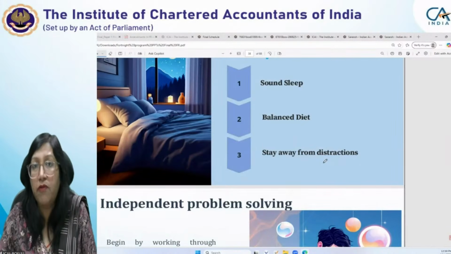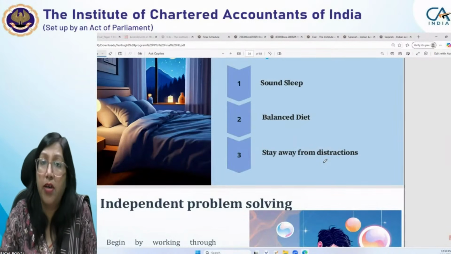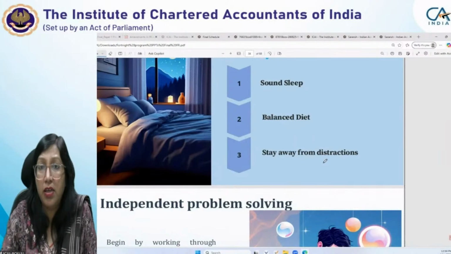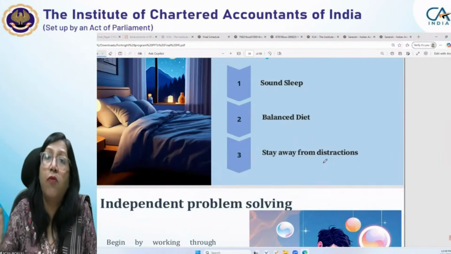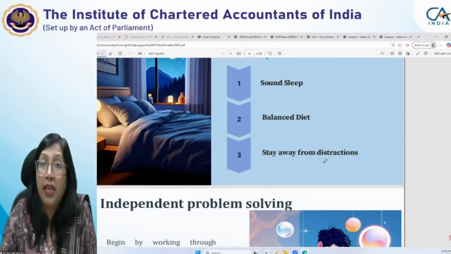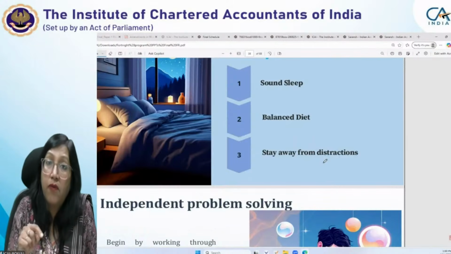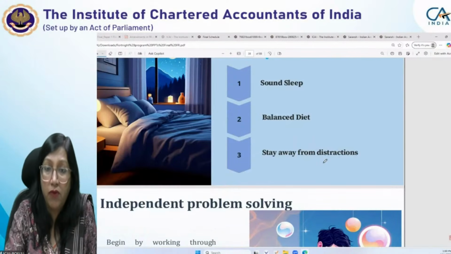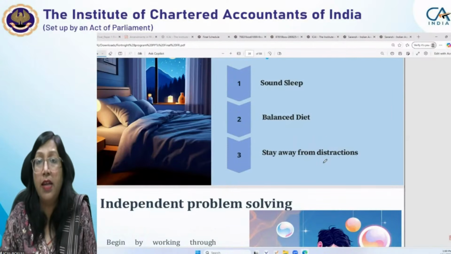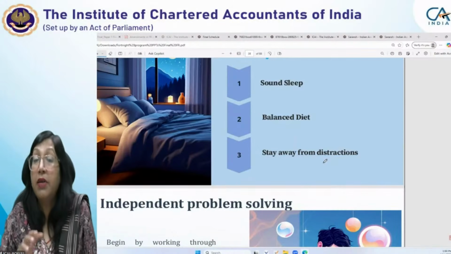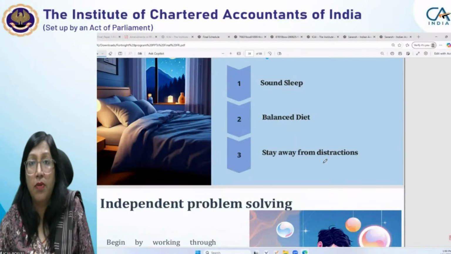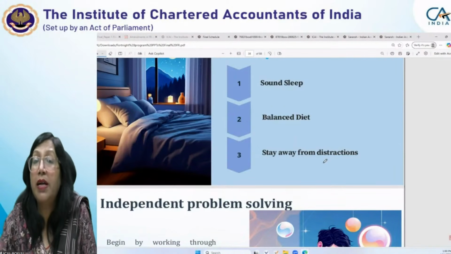At this point of time, you have to focus on your preparation. Whatever you have done, you have to rebrush, you have to re-practice, not focus on what they have done, where they are standing. You have to focus on where you are standing and where you have to move. So talk to your friends, be in touch with them, discuss your problems, have group discussions, but in a positive form.